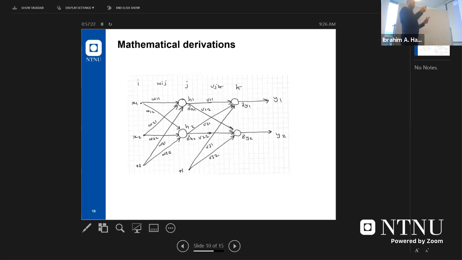Bias will also be a vector, b1 and b2. So it will be omega 1,1, omega 1,2, omega 2,1, omega 2,2, multiplied by x1 and x2, plus b1 and b2. This one, in fact, will be net 1 and net 2.